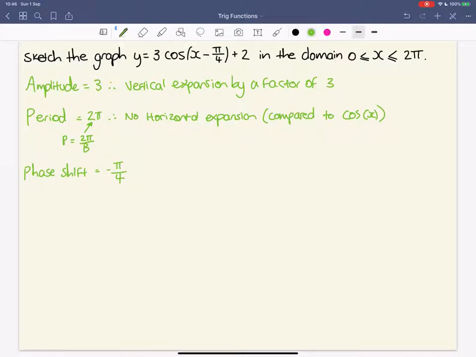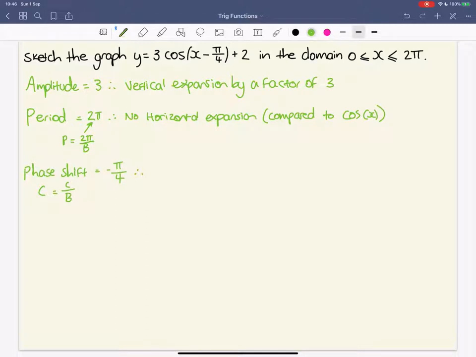Now, generally our phase shift is C divided by B. So we know our C is -pi on 4, divided by whatever B is, which is 1, so it's just -pi on 4. That's our phase shift. And what is phase shift?